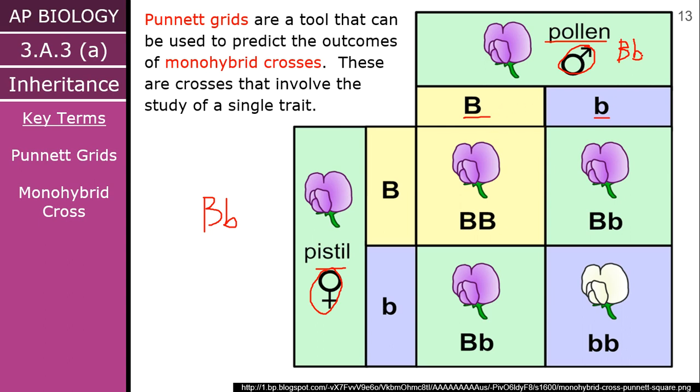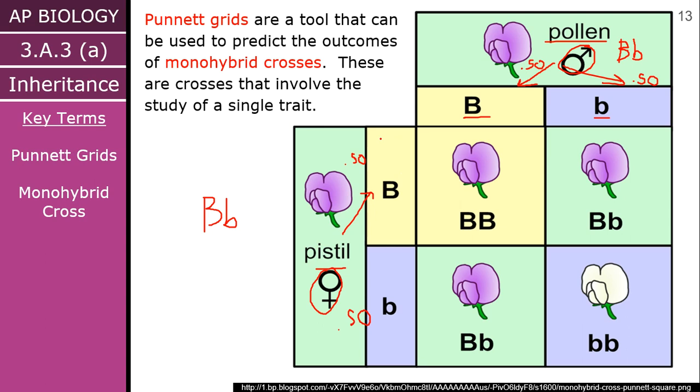So, if dad is a big B, little b, he can either pass a big B or a little b, and he has an equal chance of passing each. So that's why we have this breakdown over here. We have two columns. Okay, it's basically like, hey, 50% of the time I'm going to do that, and 50% of the time I'm going to do that. Mom's the same way. 50% of the time I'm going to pass a big B, 50% of the time I'm going to pass a little b.